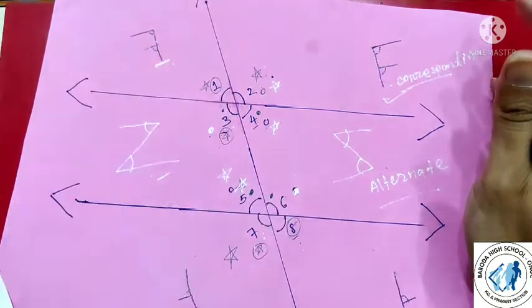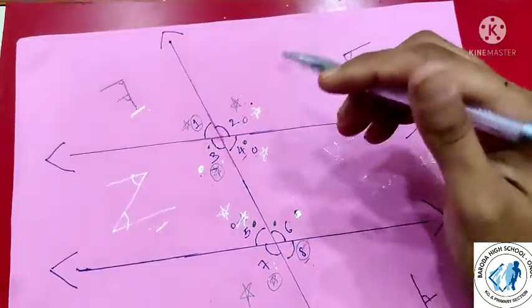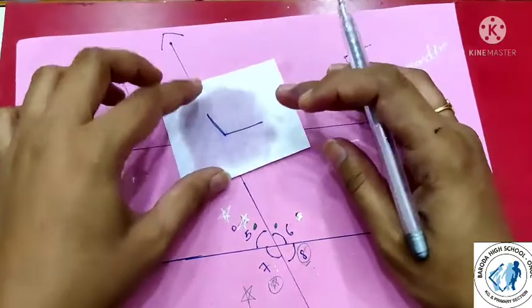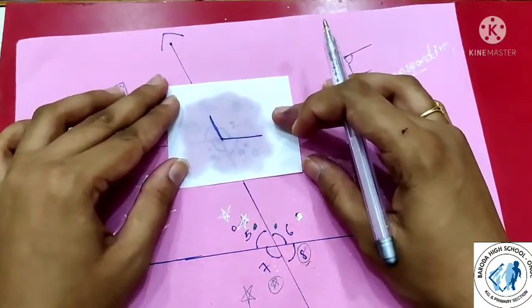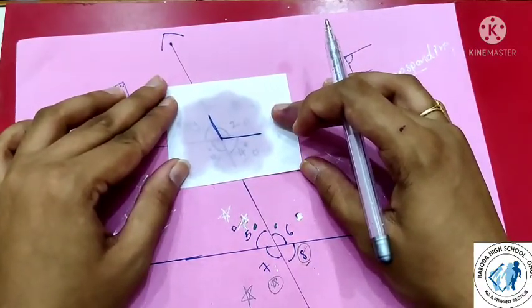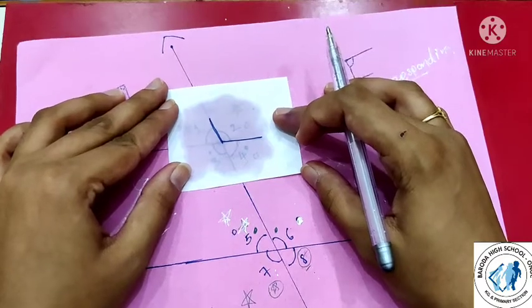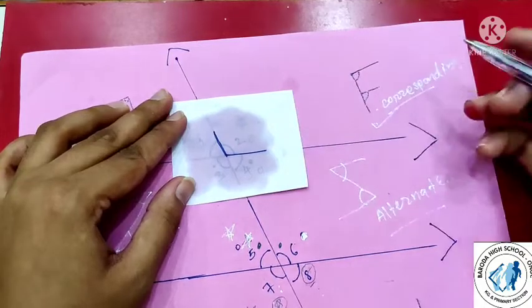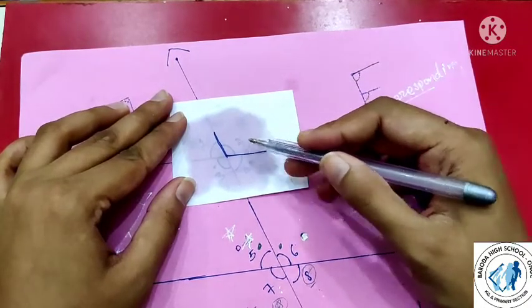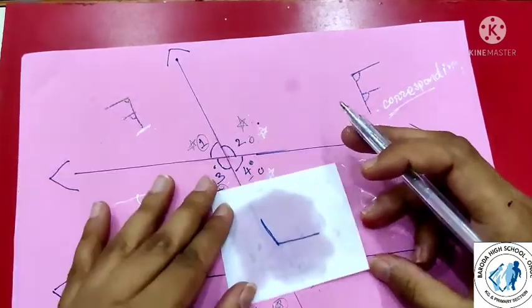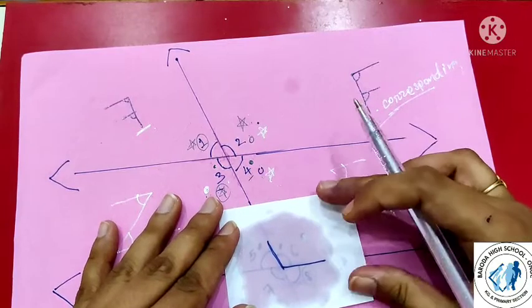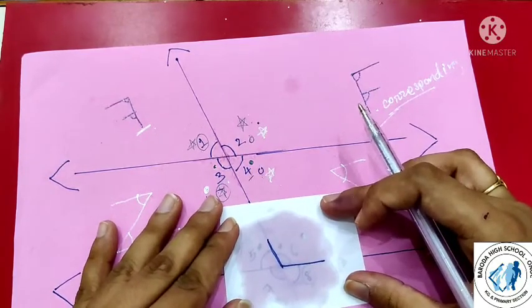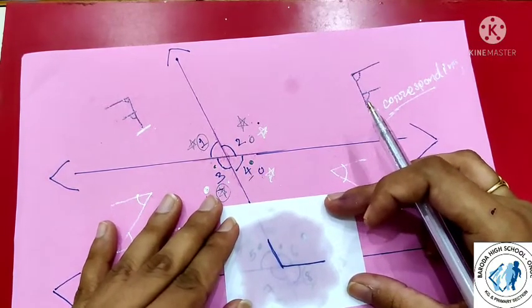Fine. Now let us check with another angle, that is 2. I had already checked, but let me show you. As you can see, this is my angle 2 and I have traced my angle 2. Now my angle 2 should be same as 6, as it corresponds with 6. So let me put this angle on 6. Yes, agreed?